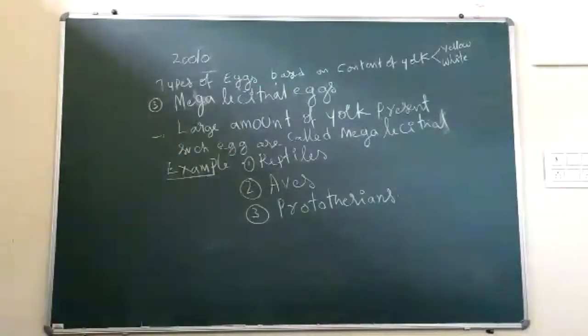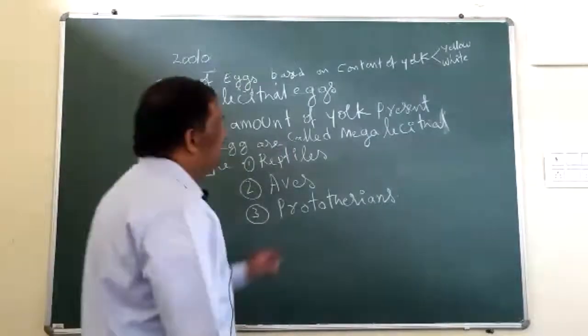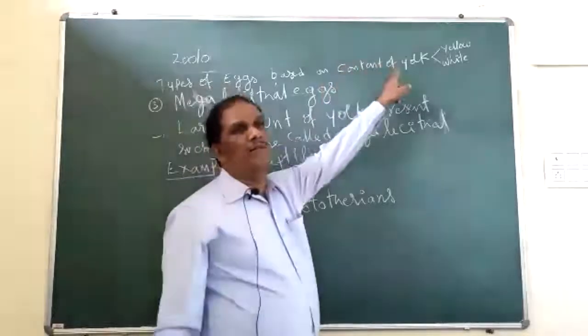So these are the four types of eggs based on the content of yolk.